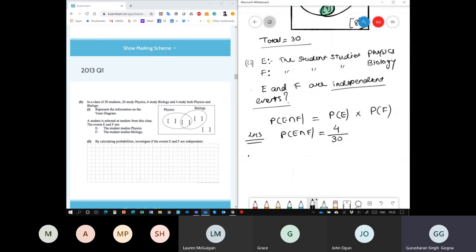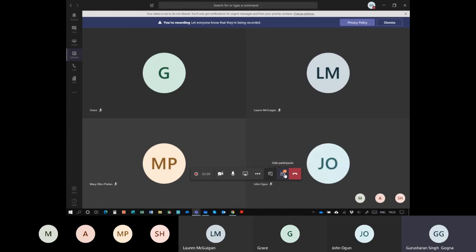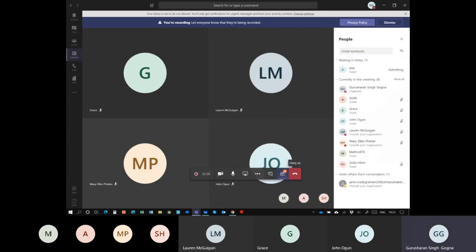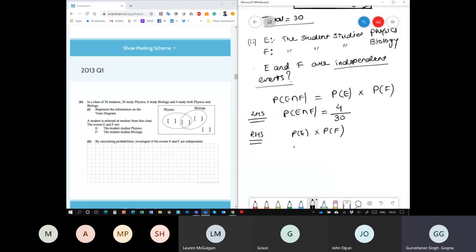Next, let's use the right hand side, which is probability of E times probability of F. What is the probability of E? E means the student studies physics. There are 20 students who study physics, so 20 out of 30.